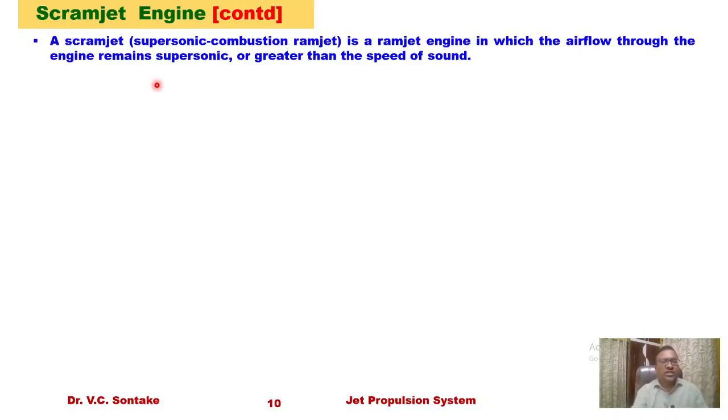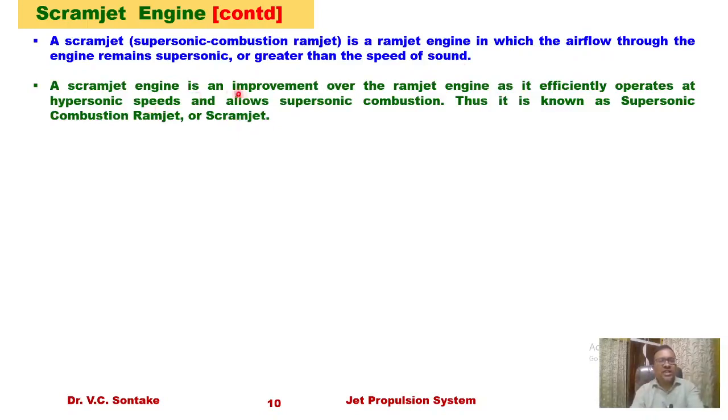Now a scramjet, also called a supersonic combustion ramjet, is a ramjet engine in which the airflow through the engine remains supersonic, or greater than the speed of sound. A scramjet engine is an improvement over the ramjet engine as it efficiently operates at hypersonic speed and allows supersonic combustion. Thus, it is known as supersonic combustion ramjet or scramjet.